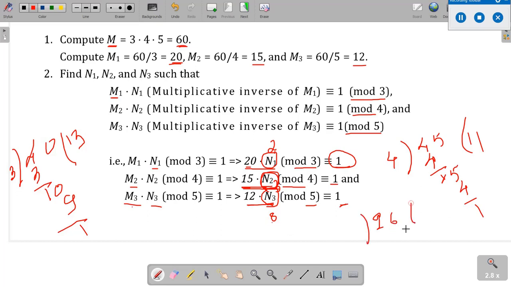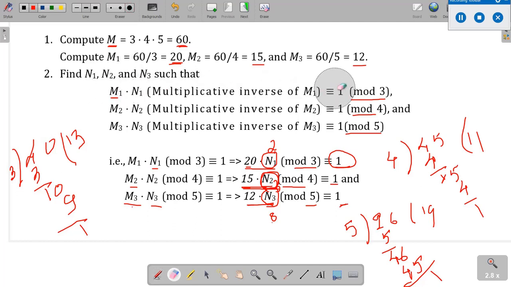And if we divide this number by 5, we get the remainder 1. So n1 becomes 2, n2 becomes 3 and n3 becomes 8. So this is the way to find the value of n1, n2 and n3.